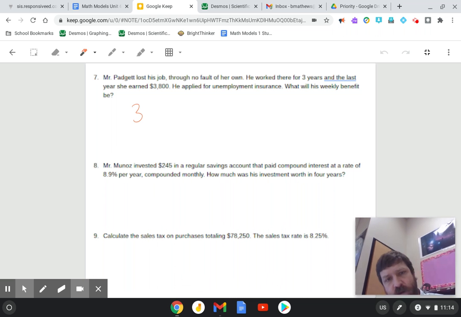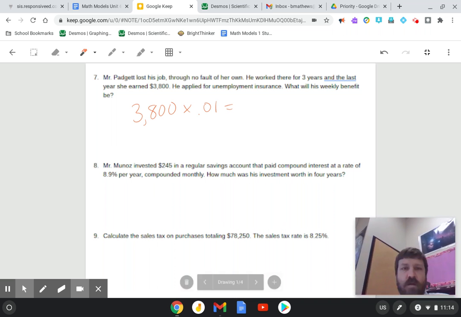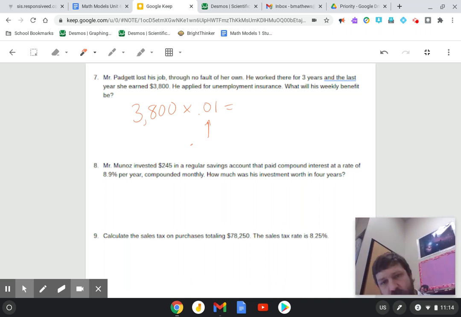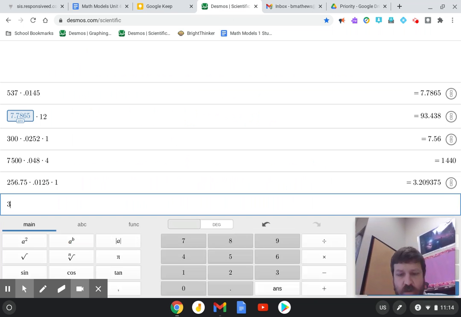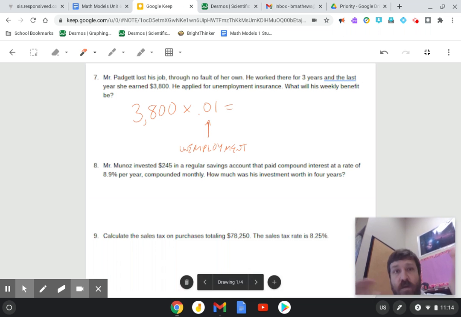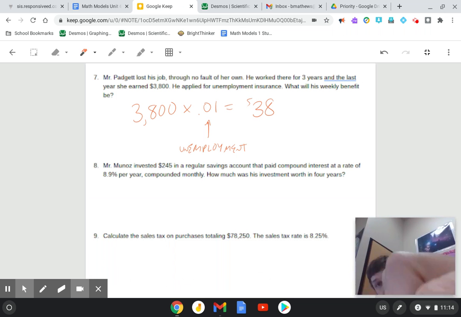So we're going to have $3,800 times 1%. This is the unemployment insurance number. So we do 3,800 times 0.01. So that's only going to be $38 per week.